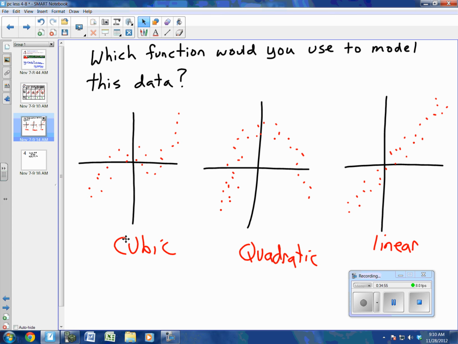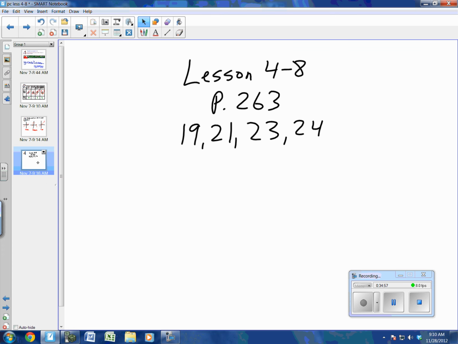So today, for your homework assignment, you have 4 problems. You're going to put the data into your calculator. You are then going to get a graph of that stat plot. You're going to decide what kind of function the data models, like a cubic, linear, quadratic, and so forth.